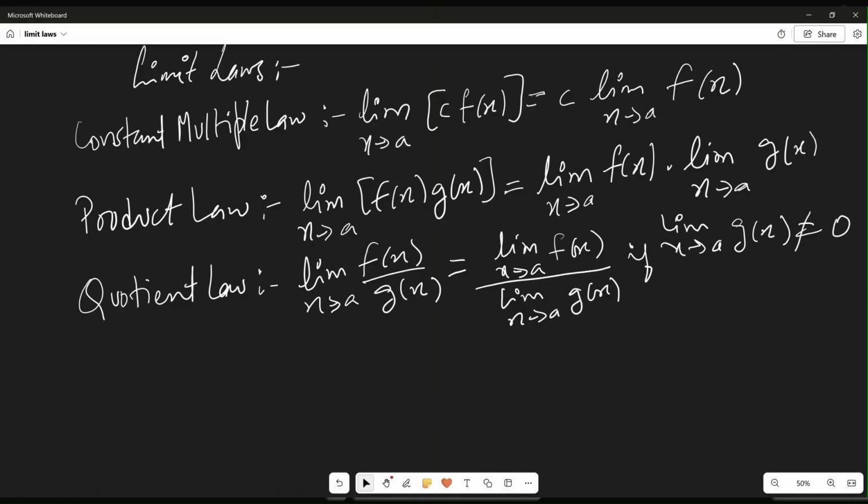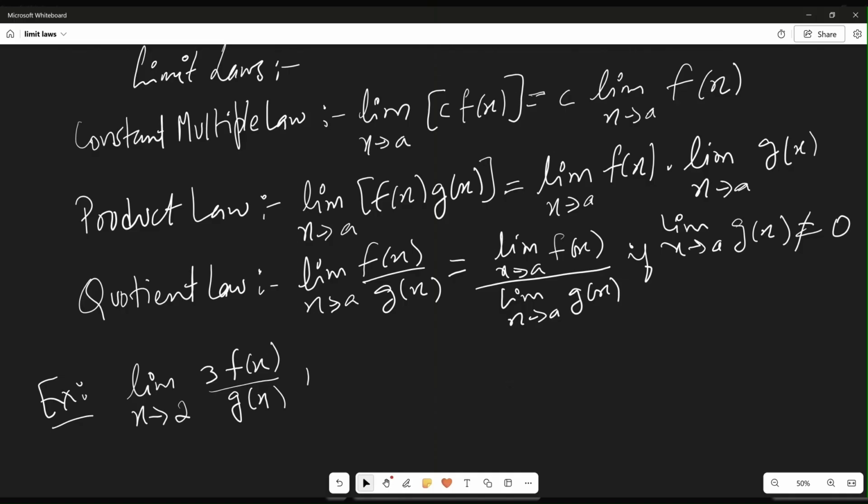Okay, let's look at a quick example. Let's look at this example. The limit as x approaches 2 of 3f(x) over g(x).